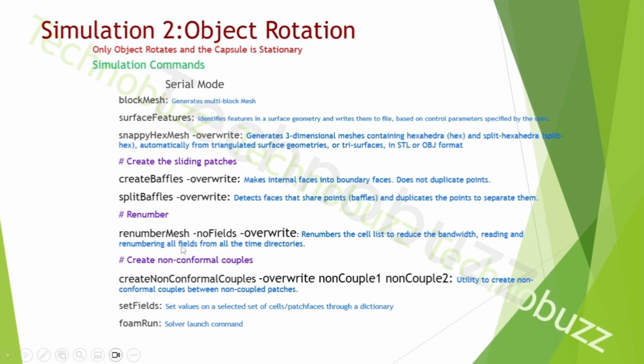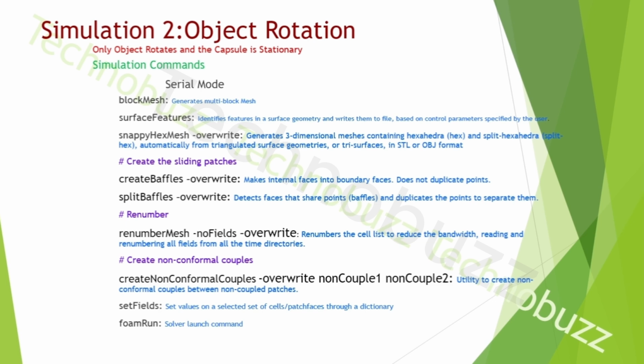Then renumberMesh. So this command renumbers the cell list to reduce the bandwidth, reading and renumbering all fields from all the time directories. Then we have to create the non-conformal couples, because in the interface there is a stationary boundary face and the rotating boundary face.